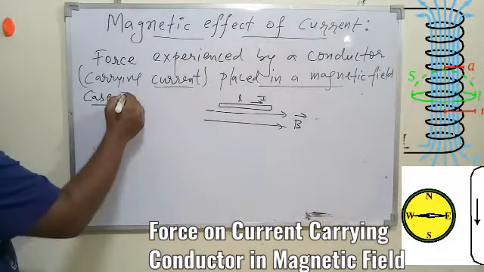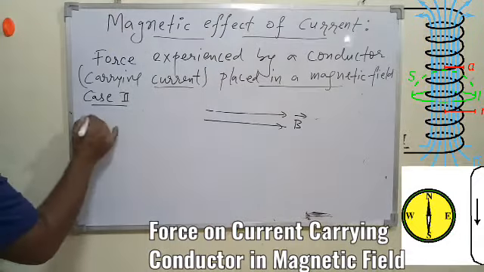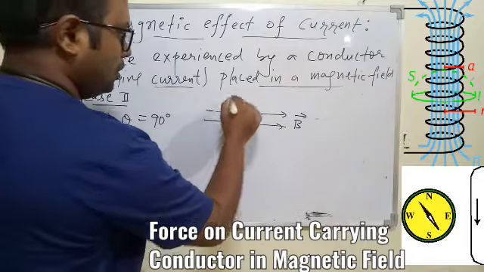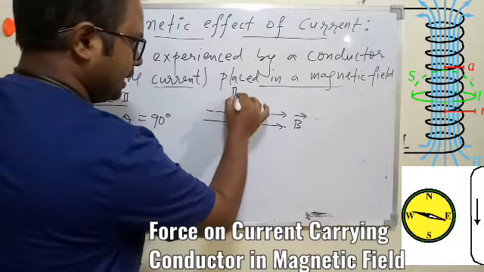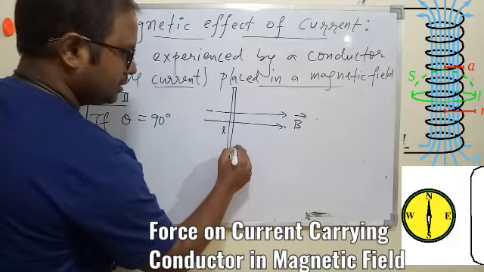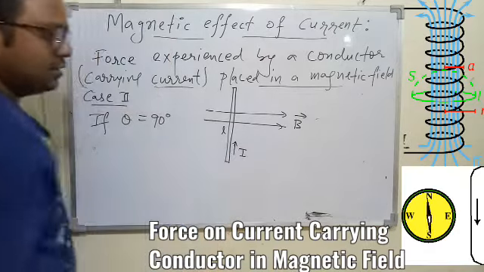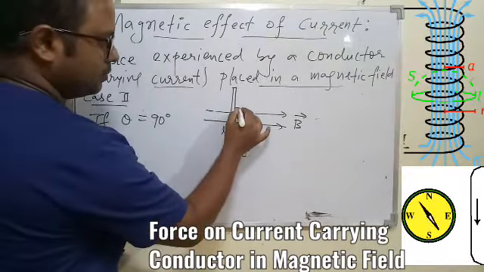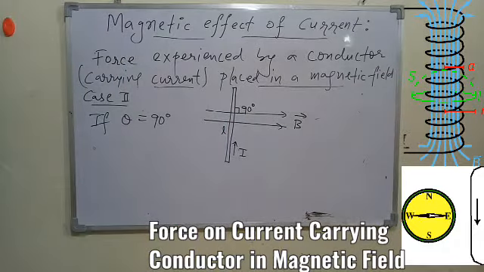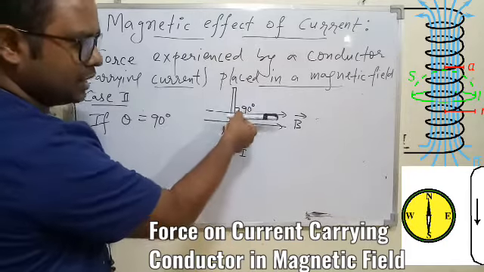That is case 2. If theta is 90 degree, so we can place the conductor at 90 degree to the field. So this is the length of the conductor and I is flowing in the conductor. Okay, so this angle is nothing but 90 degree. So this is the conductor and this is the magnetic field, in this direction.